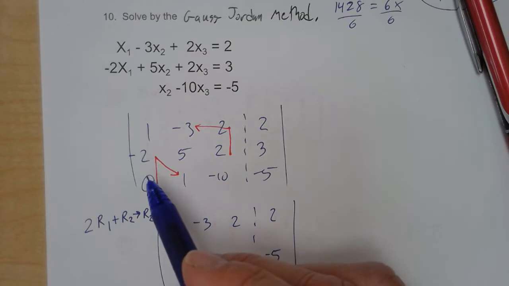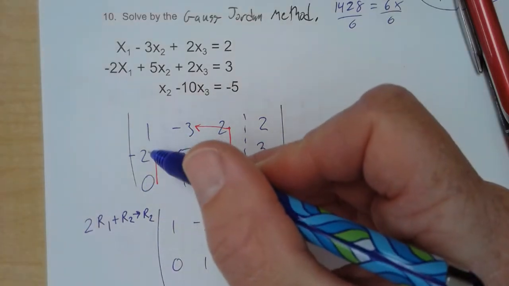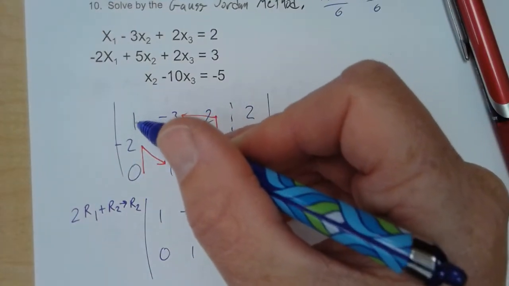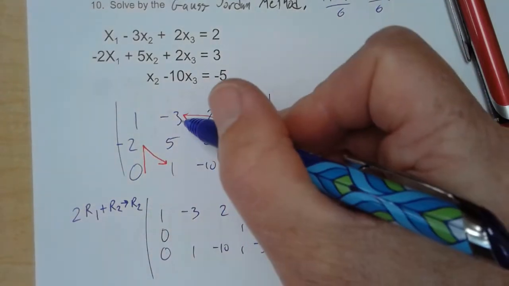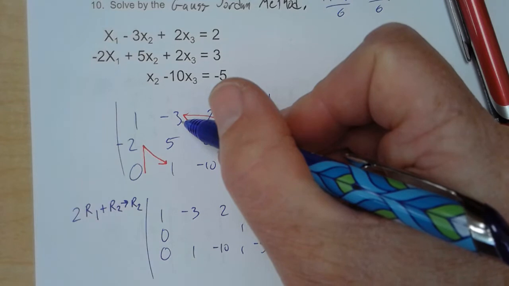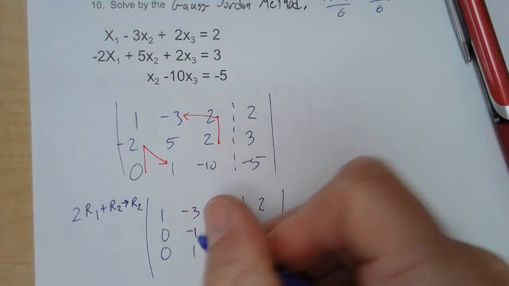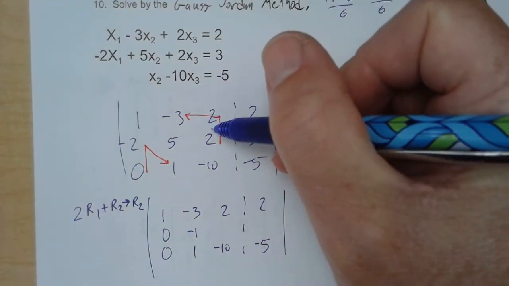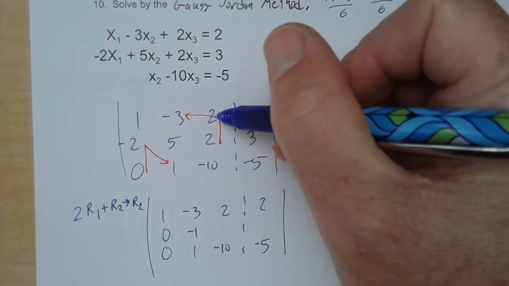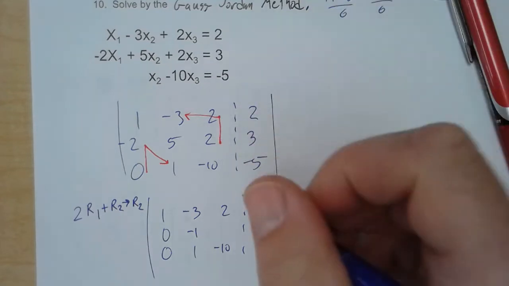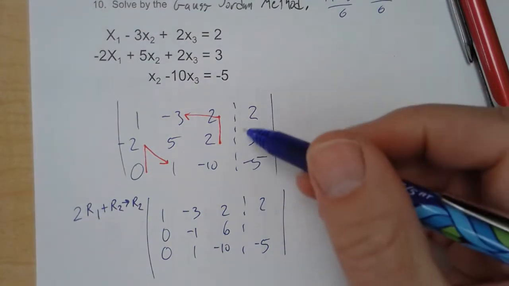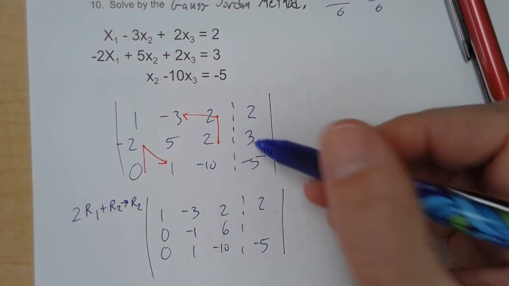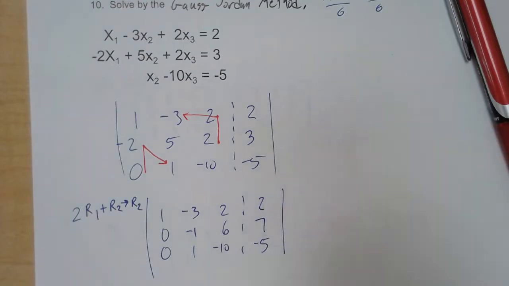But I'm changing row 2. So 2 times this is 2 plus this would be 0. 2 times this would be negative 6 plus this would be negative 1. 2 times this plus this would be 6. 2 times this plus this would be 7.